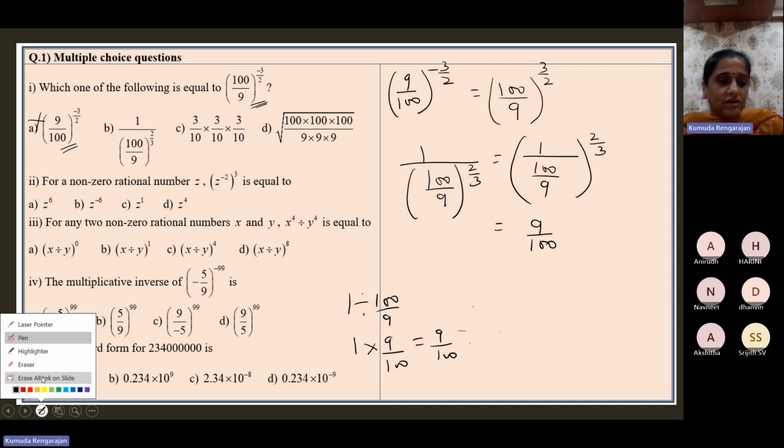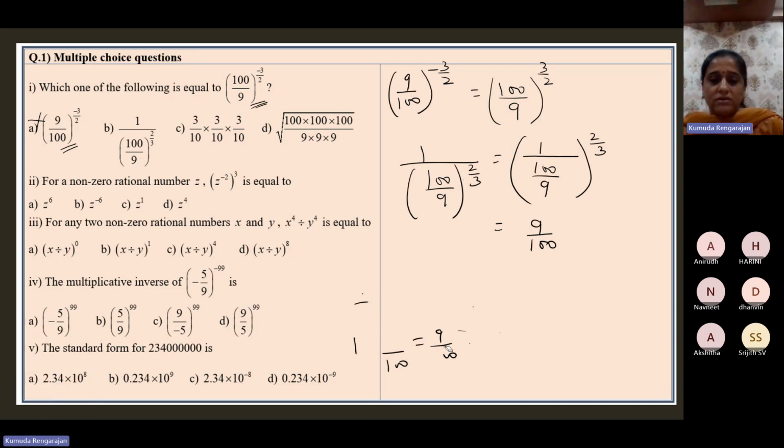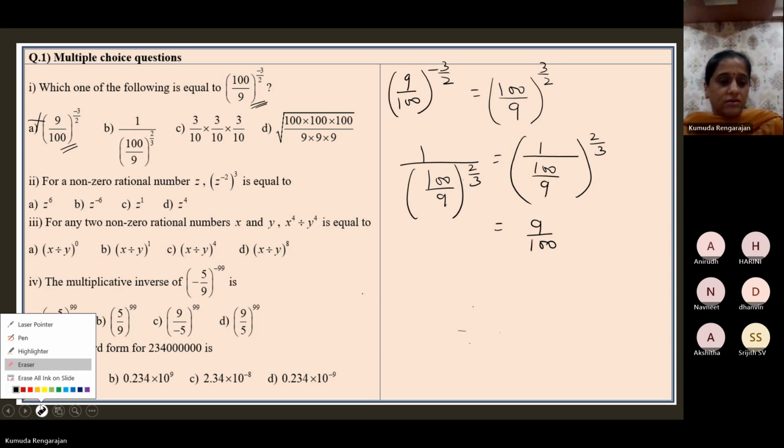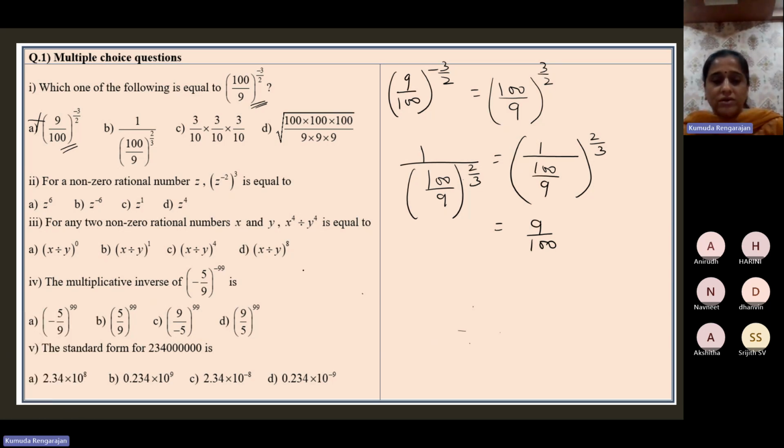So the given base is 1 divided by 100 by 9, which is nothing but 1 into 9 by 100, which is nothing but 9 by 100.